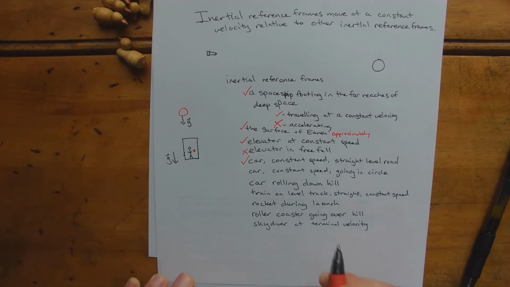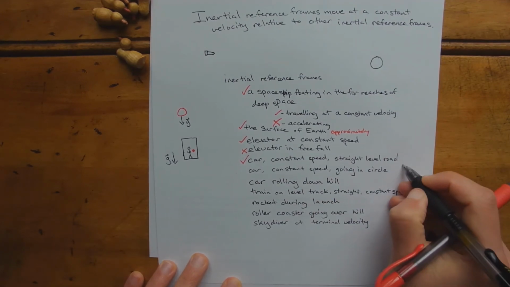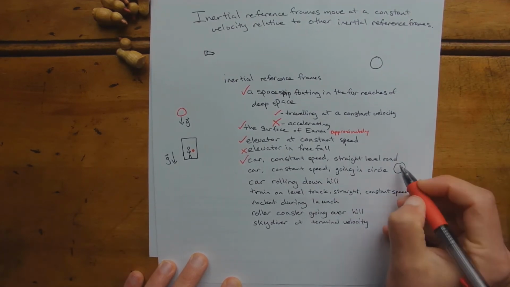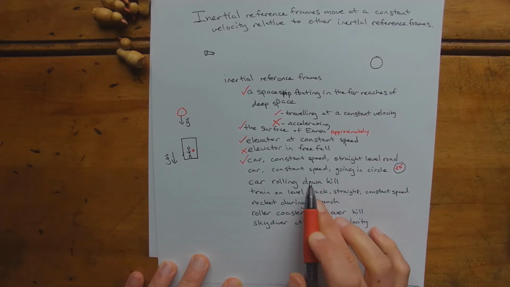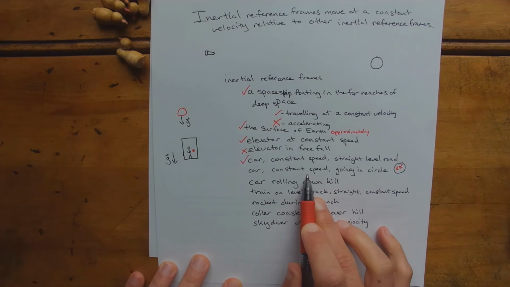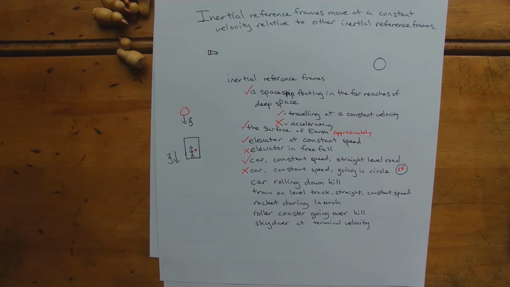So even if you're going at a constant speed, because you're going in a circle, you would still have acceleration pointed in towards the center of the circle. Therefore, going in a circle at a constant speed is not constant velocity because you have acceleration when you're going in a circle. Okay, so that's not an inertial reference frame.